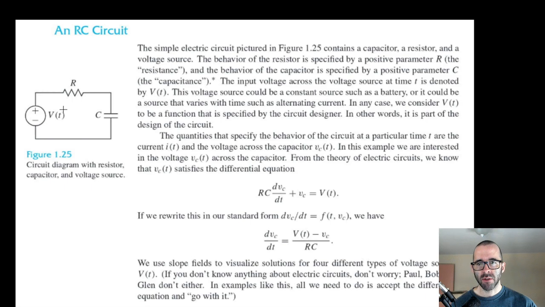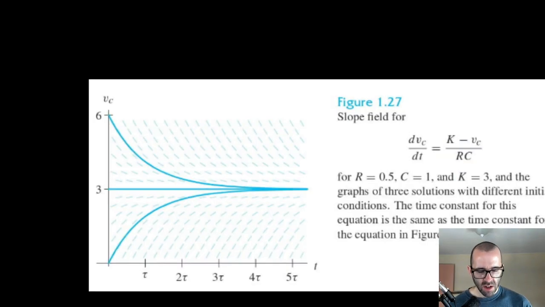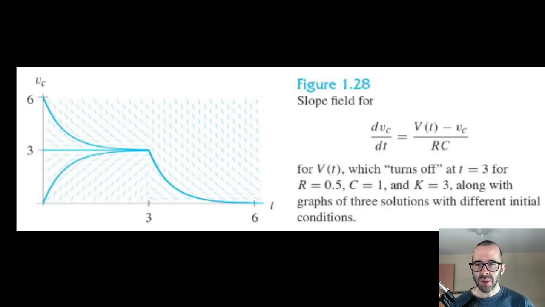Okay, so there's a voltage source, and if you remember what happened, when we had a 0 voltage source, the voltage in the capacitor exponentially decayed to 0. When we had a constant voltage source of 3, depending on where we started, the voltage across the capacitor exponentially approached the voltage source. And then we did more complicated things, like combining it in a piecewise function.